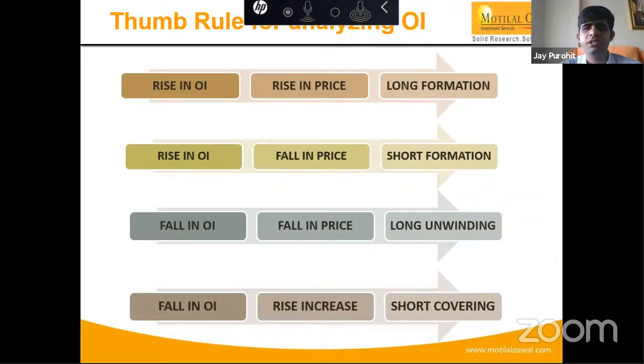So these four principles are the thumb rule of derivative research, you can say. Apart from that, there are another four things in derivatives, mainly a blend of positions, where there can be a blend of long build-up and short covering depending on the price change and the open interest change, but we won't get much deeper into that, and we'll see the activity now.